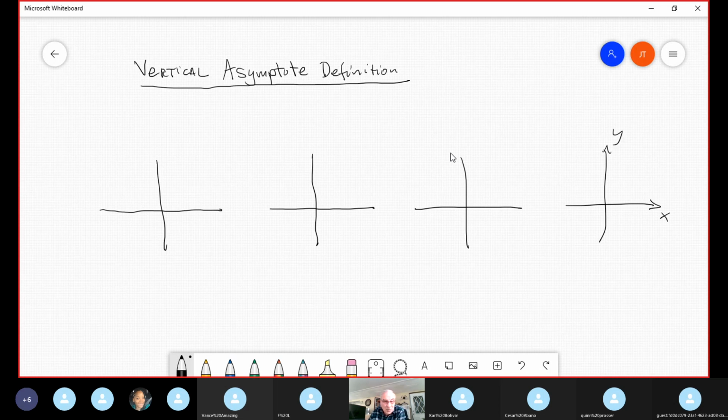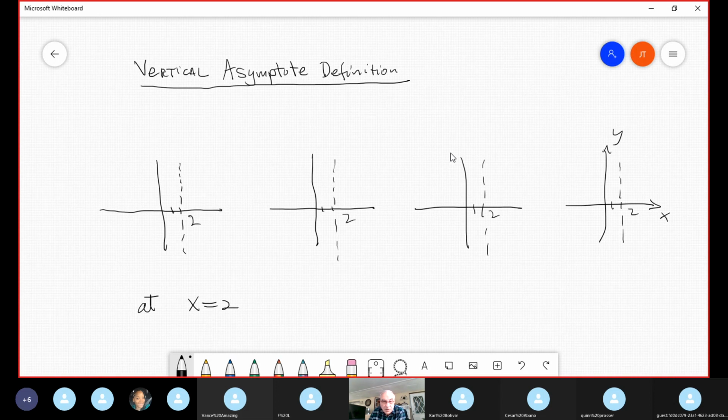Suppose we have x equal 2, for example. I select 2 because I want it that way. Here we have an asymptote.